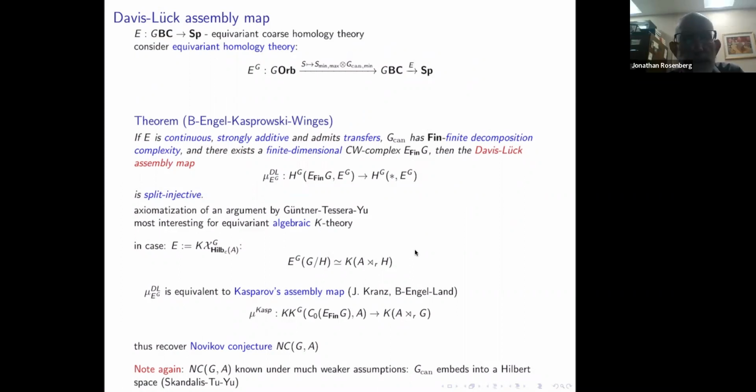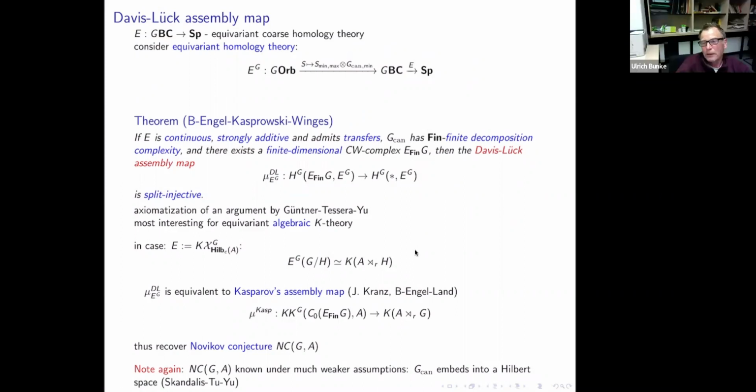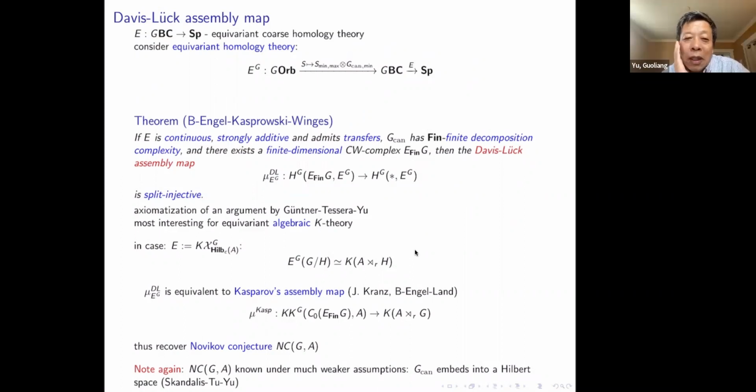But it's complicated to construct them. Usually, if you give me a group and I can verify this, then it also has finite decomposition complexity. A good class of examples is the linear groups, which have finite decomposition complexity, but many of them don't have finite asymptotic dimension.